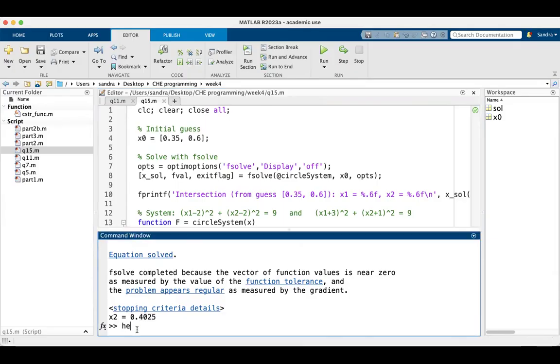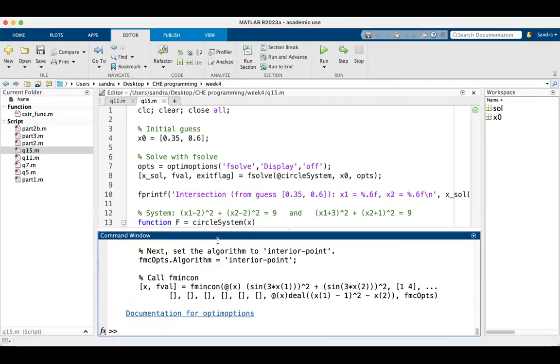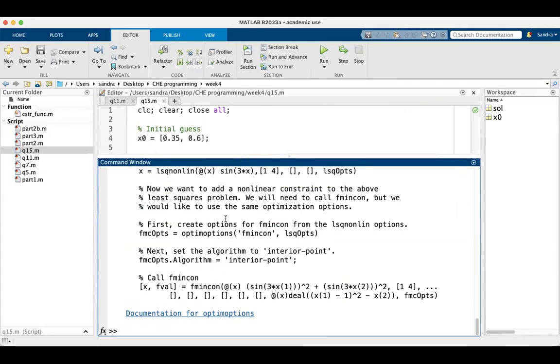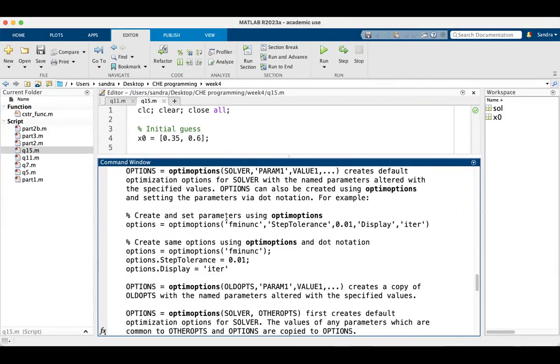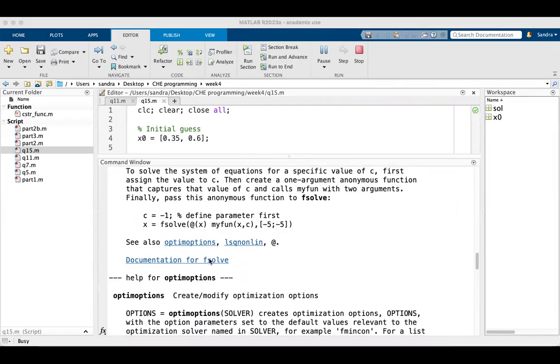For example, I can just show you help fsolve, and there are optim options. I'll open the documentation for fsolve.